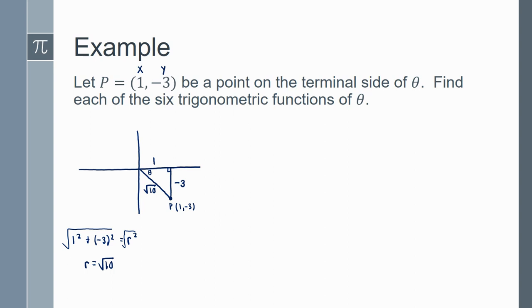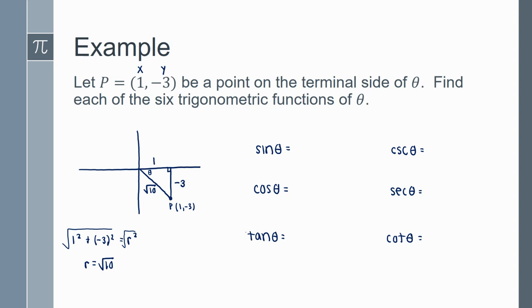Okay, so now that I have all three sides of my triangle, now I can do the trig ratios. I can do sine of theta, cosine of theta, tangent of theta, and then I can do all the reciprocals: cosecant, secant, and cotangent. So once again, by having this picture sketched, you don't have to memorize what's x, what's y, what's r.